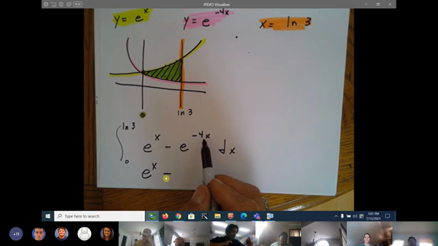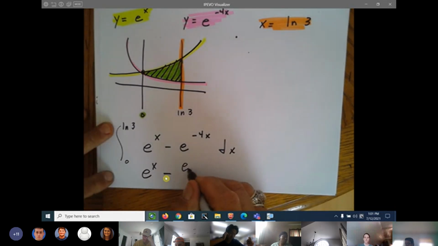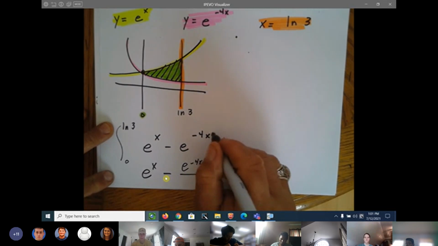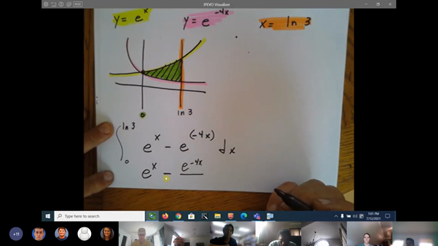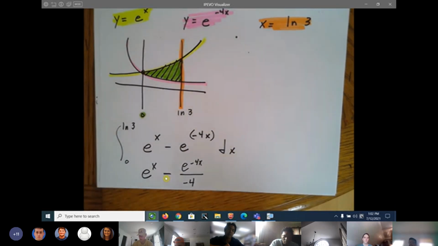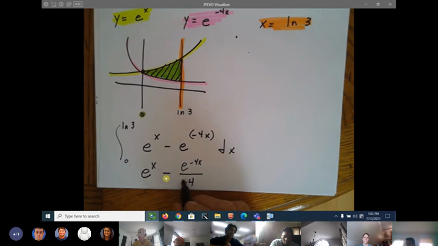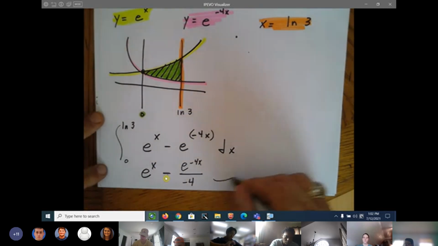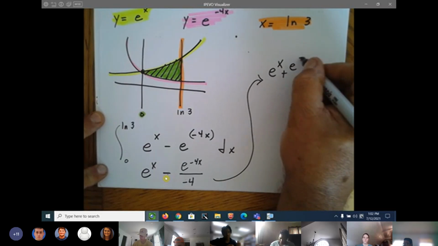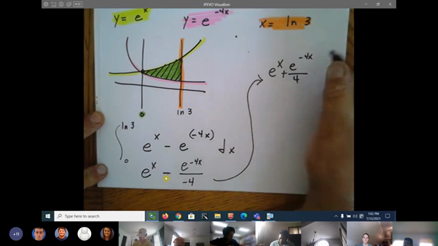You take the e to the negative 4x, and what goes under it? Negative 4. And that becomes a positive. So e to the x plus e to the negative 4x over 4, evaluated at 0 and natural log of 3.